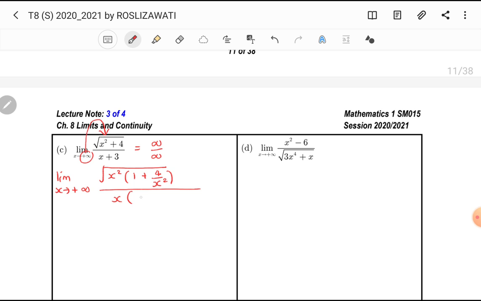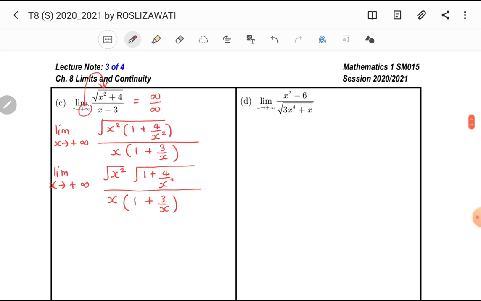So, we take out x. So, we have 1 plus 3 over x. Okay, and then limit x approaches positive infinity. For numerator, we can write as square root of x squared times square root of 1 plus 4 over x squared, divide by x times 1 plus 3 over x.